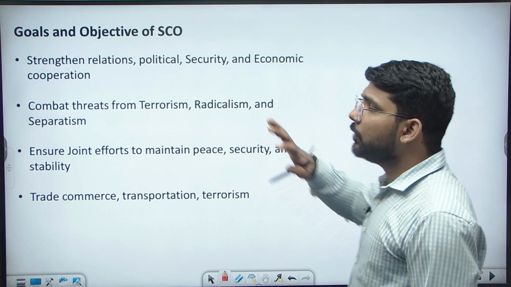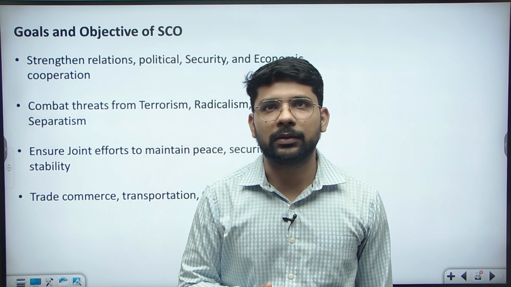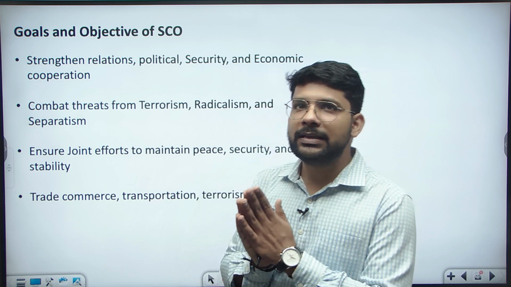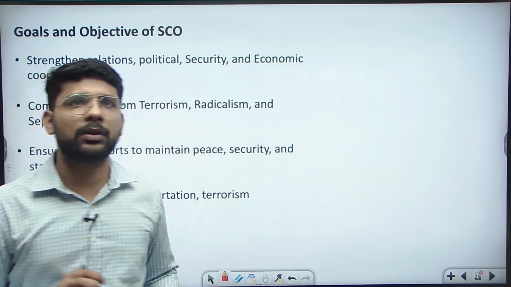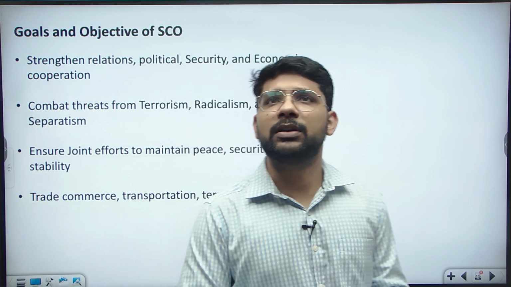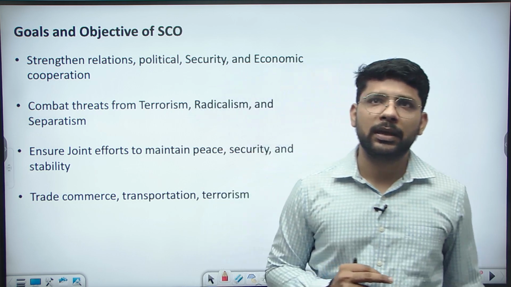Then in the goals and objectives of the SCO, what are the specific goals of the organization? Any regional organization has some specific goals limited to that organization, whether it's SAARC, BIMSTEC, SCO, or any other organization in the area.